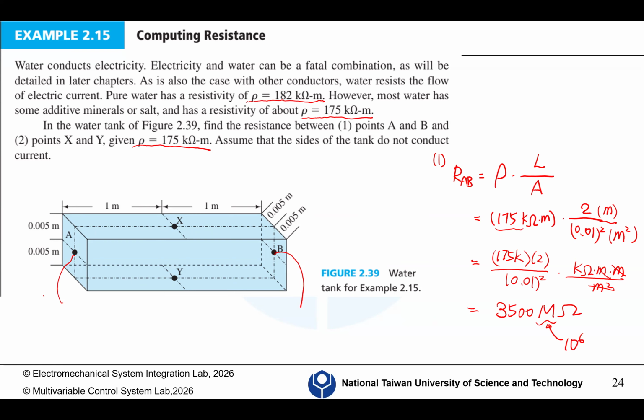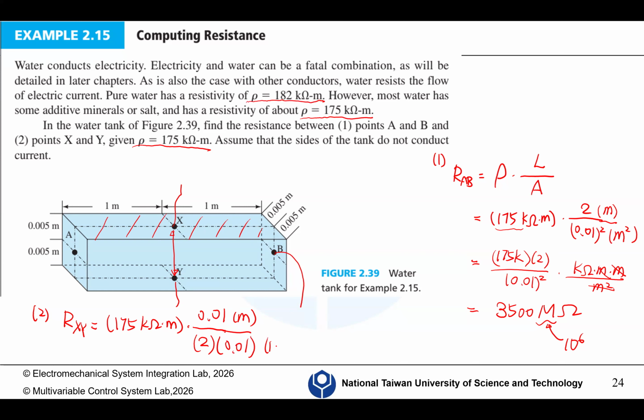Same thing for the second problem. It asks you to calculate the resistance between X and Y. So Rxy equals, I just write it directly, the rho is the same, 175 k ohm times meter, times, at this moment the length is 0.01 meter, and the cross-section area would be 2 times 0.01, and the unit is m squared.